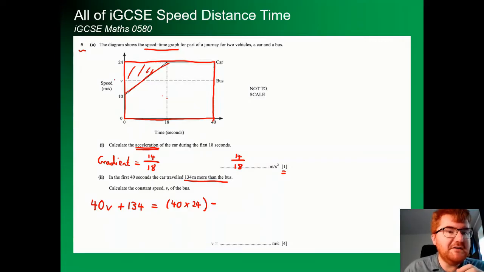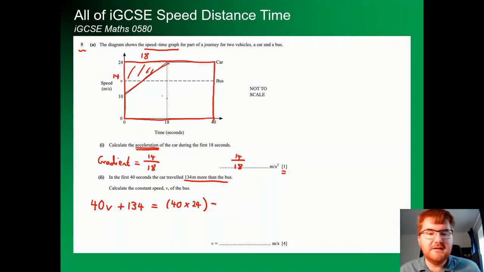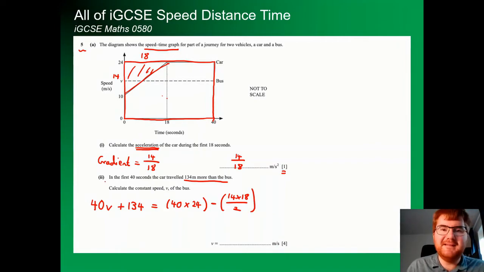Now, we already worked out the dimensions in the previous question. This is 14, this is 18, so we're going to take away 14 times 18 divided by 2. I think this is a smoother way to get to our equation. So remember, the left-hand side represents the total travelled by the bus. The right-hand side does the car.